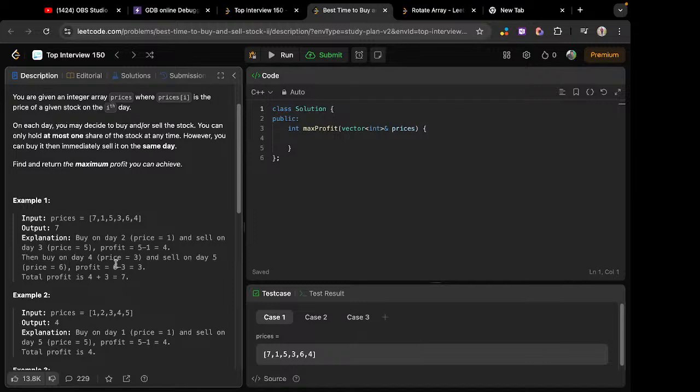Then buy on the fourth day and sell on the fifth day. Profit is equal to 3, 6 minus 3. Total profit is 3 plus 4.